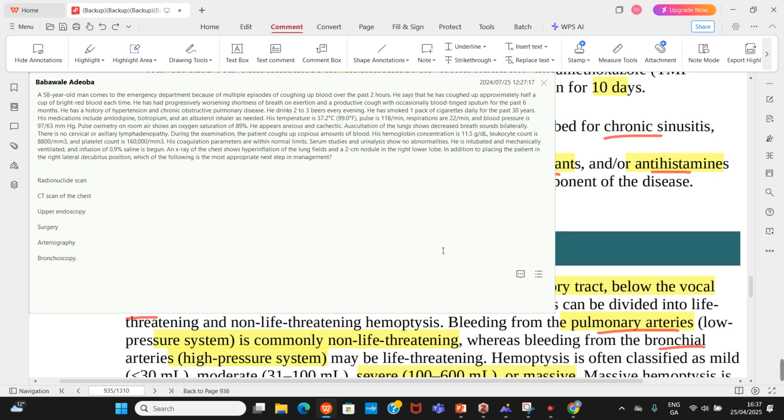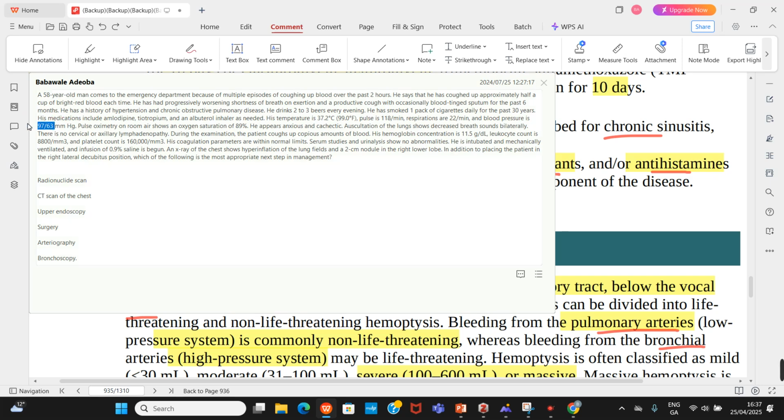Anybody? CT scan. Why are we going to do a CT scan? There's no problem, I just want to know why we are doing the CT scan. This guy is bleeding. This guy is having hemodynamic instability. Blood pressure is unstable, 97.